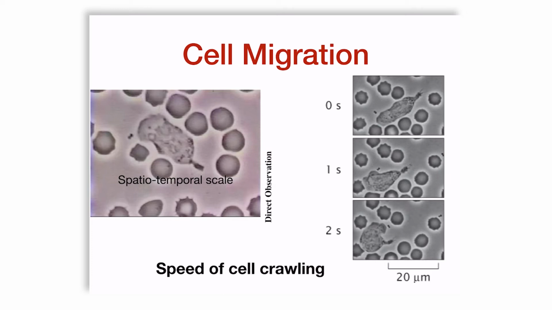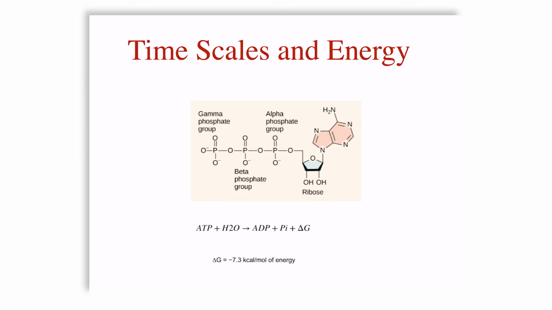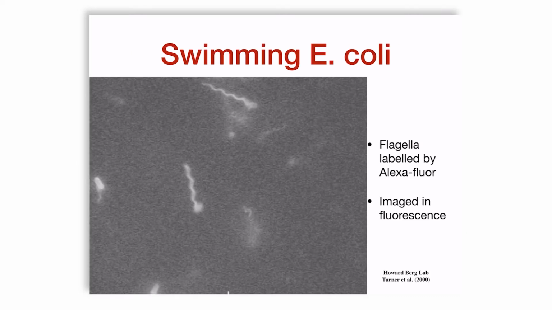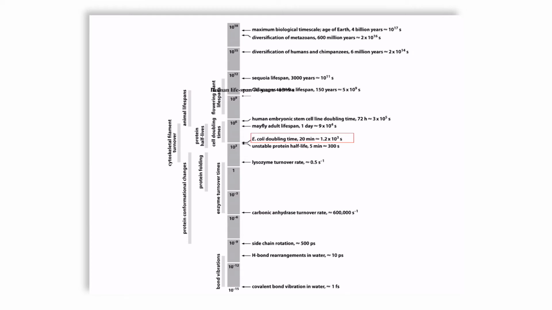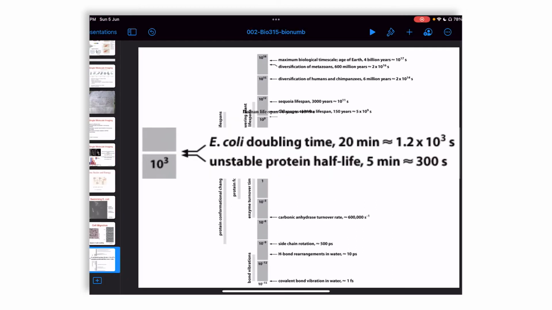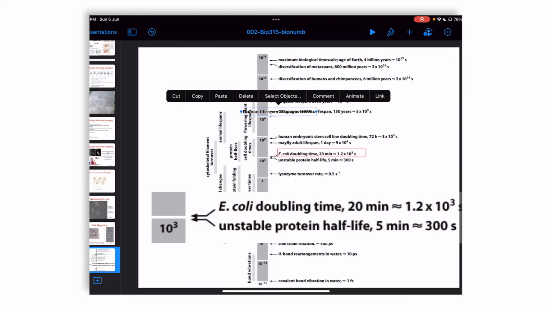So the speed of cell crawling is approximately a micron per second. The speed of bacterial motion is about 20 microns per second. And we can in fact put all the time scales, the times taken by cellular systems to move onto one single scale.